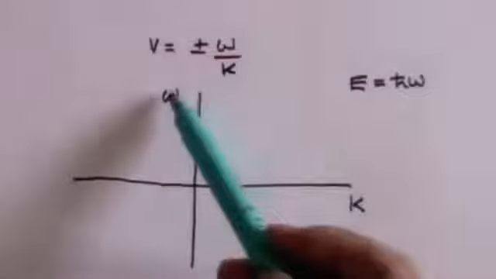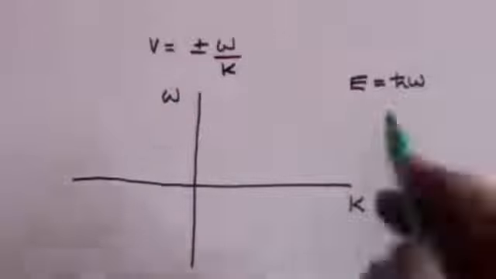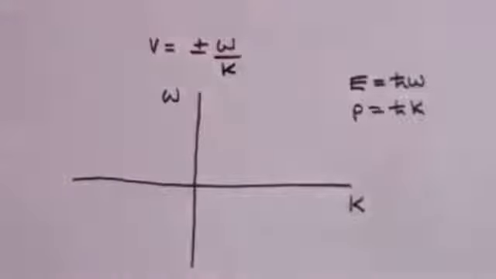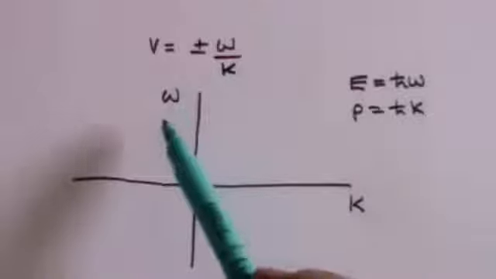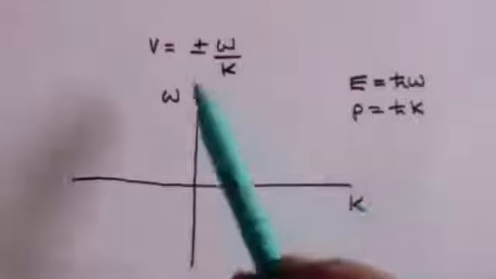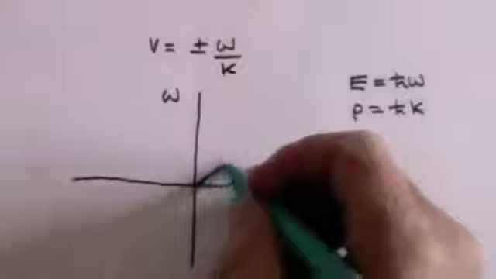And that means that this is essentially an energy term. K, you'll remember, P equals h bar k. And again, if you set h bar equal to 1, then P is k, so k is a proxy term for momentum. So essentially you're plotting energy against momentum. But omega divided by k gives you the velocity.